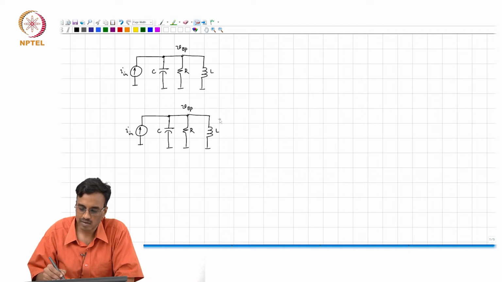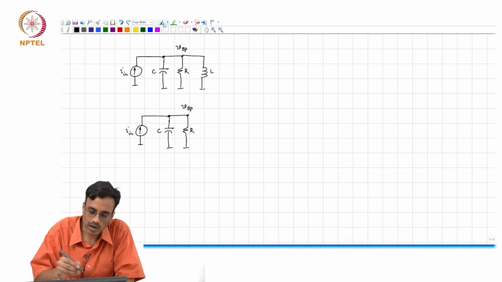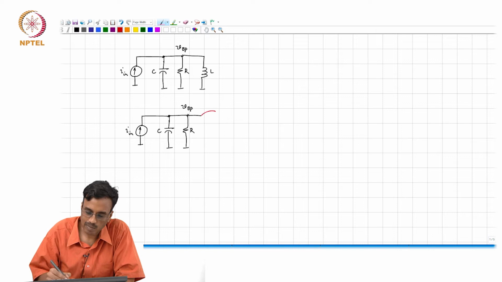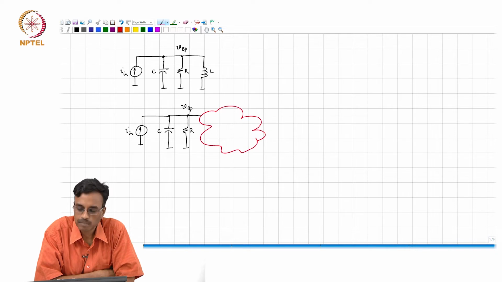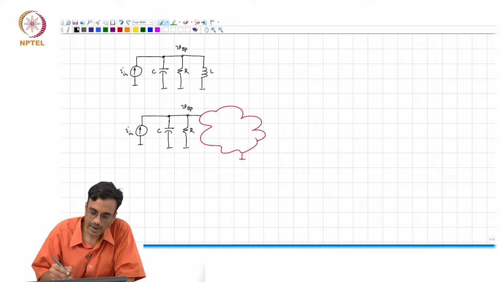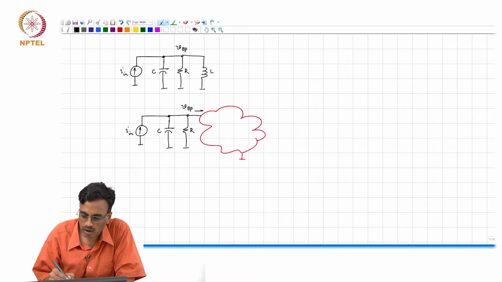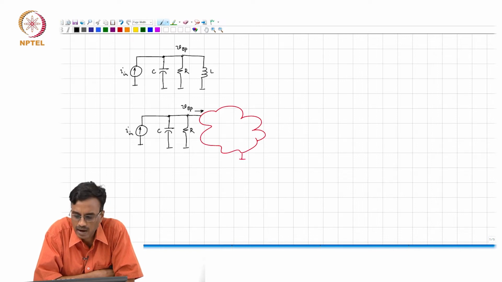In other words, we are going to remove this element and put in some black box, rather a red box, here. Whatever magic it does, what comment can you make about the current drawn by the red box? If the red box is trying to do the same thing that an inductor would do, what can we say about the current pulled by that box?